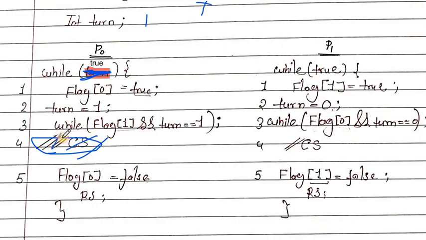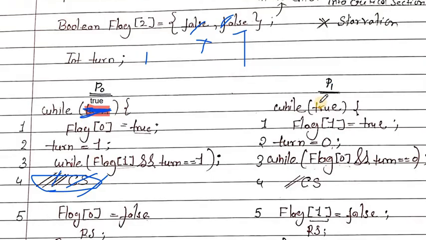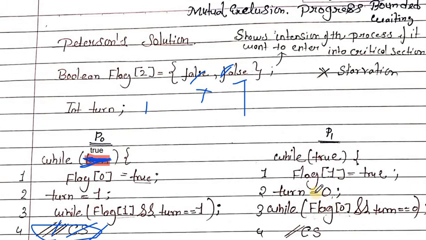Now while the process is in the critical section, preemption happens. The next process, P1, tries to enter the critical section. While true, it makes flag 1 true. Now it makes turn 0.